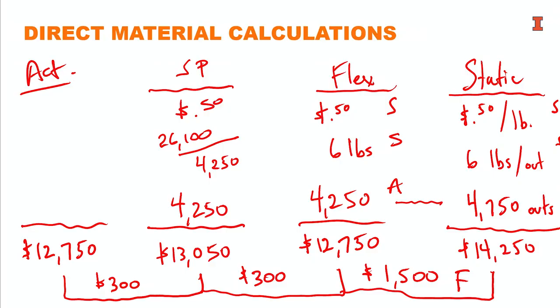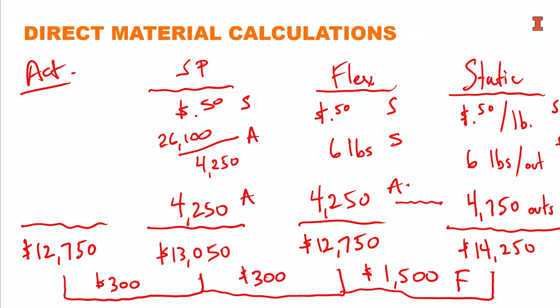Now, in classifying the efficiency variance, the $300 in the middle, we're looking at the two columns labeled standard price and flexible. And as we did before, in the flexible column we have a standard piece of information, a standard piece of information, and an actual piece of information. In the standard price column, we have a standard, an actual, and an actual piece of information.